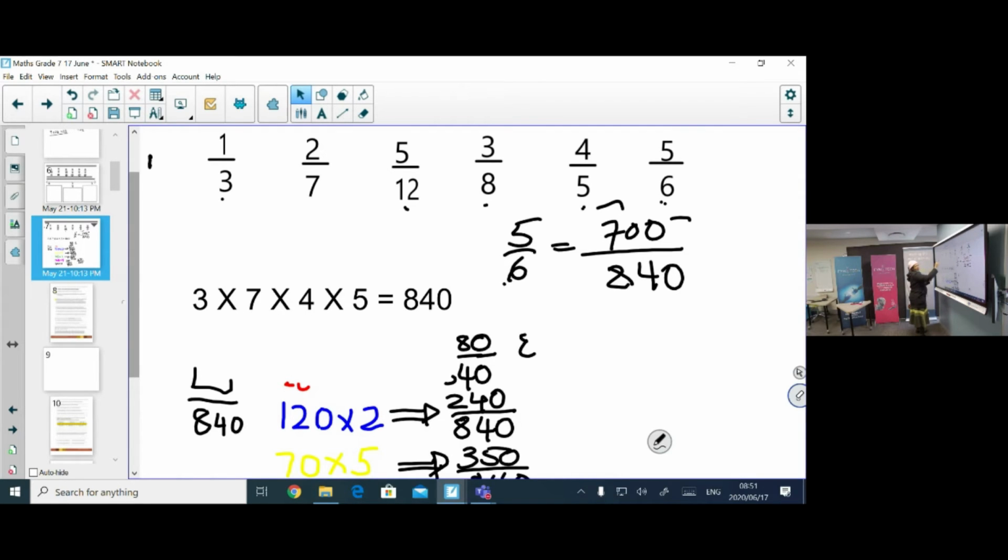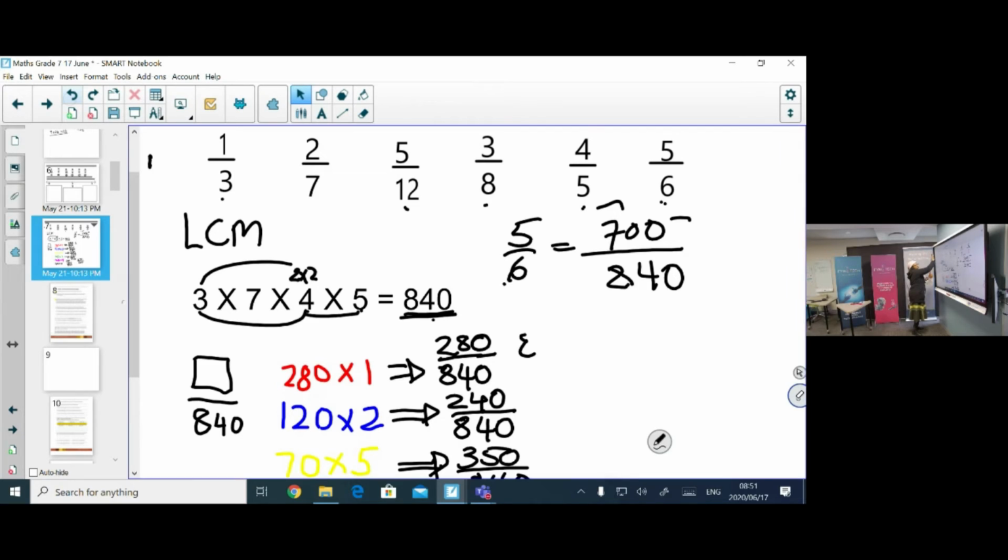Okay, let me write here, the first one. Okay, must redo that. Okay, I'm still fine. So the first one is 280 over 840. Sorry about that. The second one is 240 over 840.